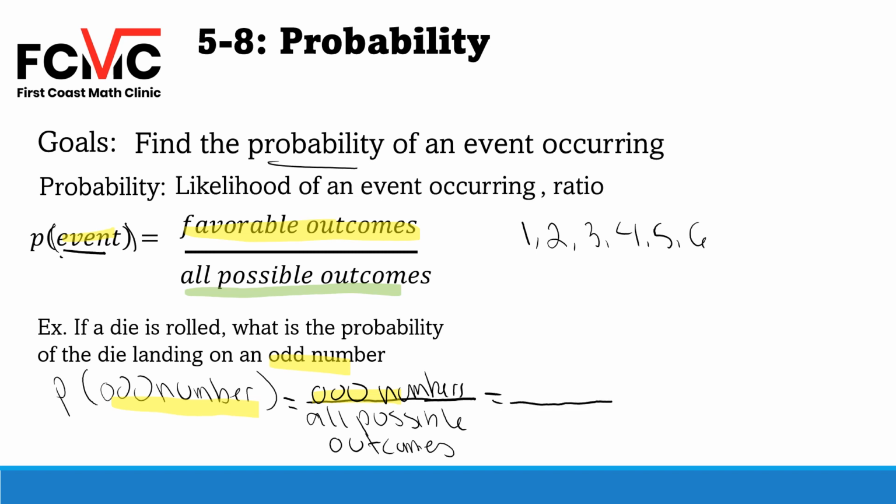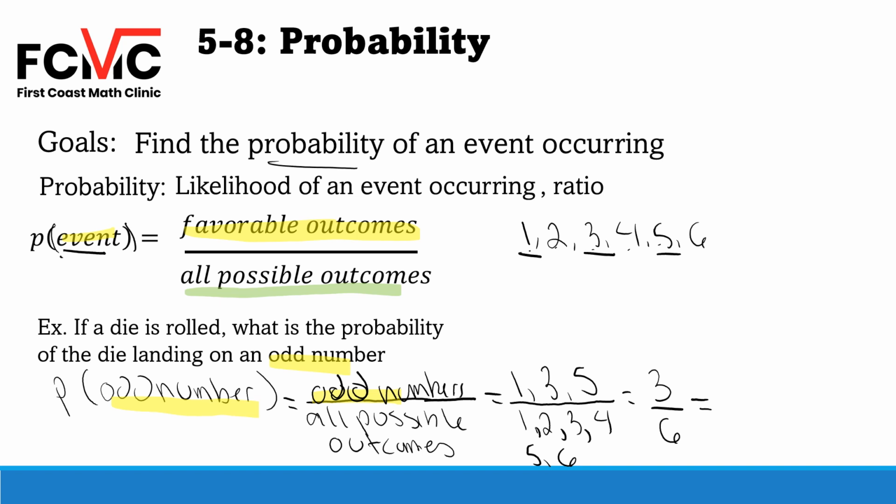So the odd numbers on our die are 1, 3, and 5. So we've got 3 values that are odd. And all possible outcomes, well, we've got 1, 2, 3, 4, 5, and 6. So we've got 6 possible outcomes for our denominator.